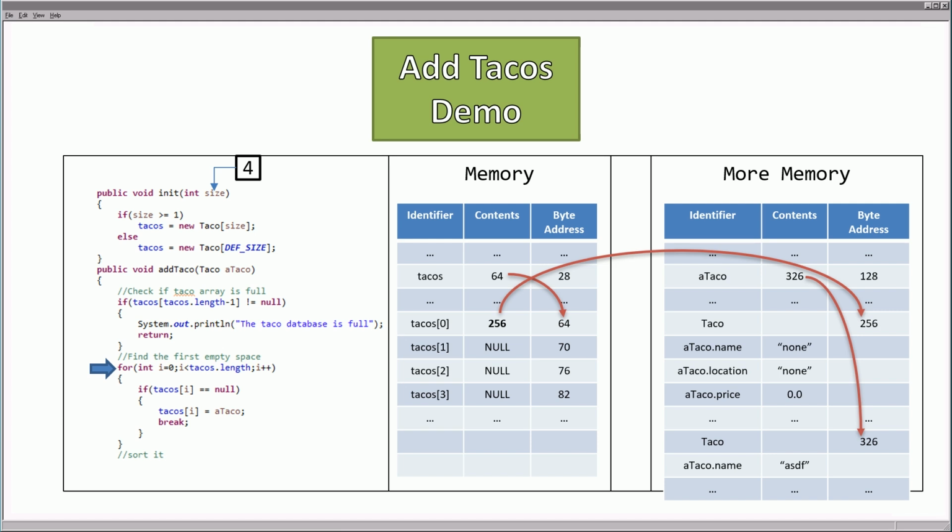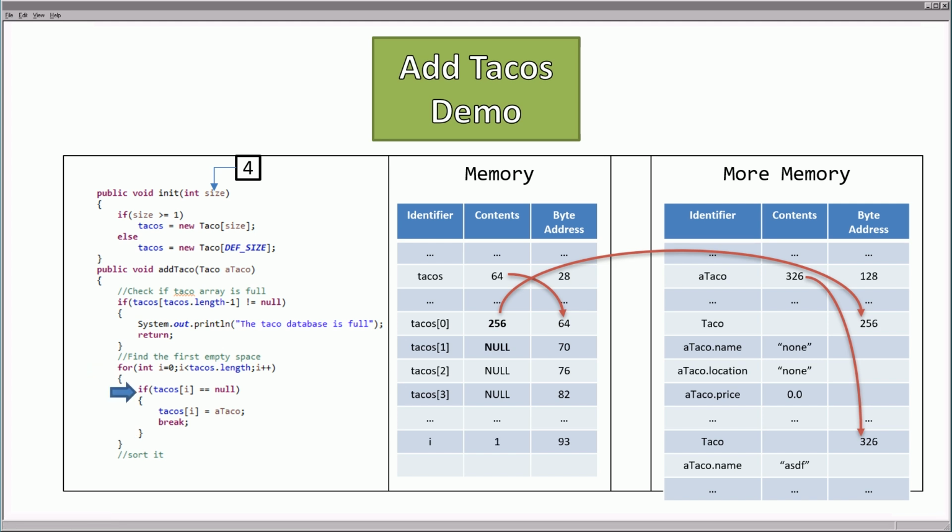If we're going to add another taco, in this case the parameter aTaco simply holds the memory address 326. We start index i at 0. Tacos at index i, well, this is not null. This refers to memory address 256. So we increase i by 1, and now i is equal to 1.